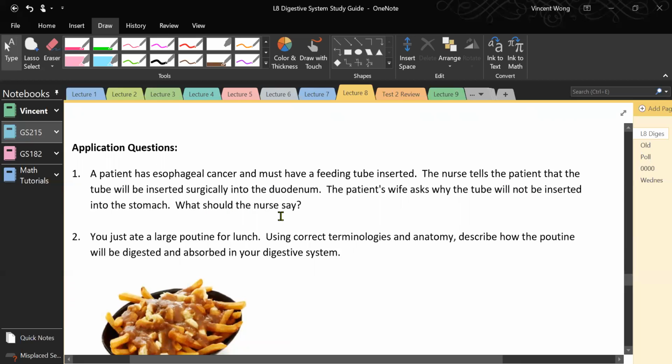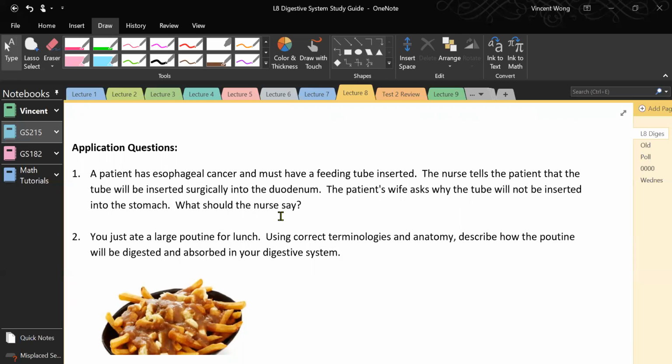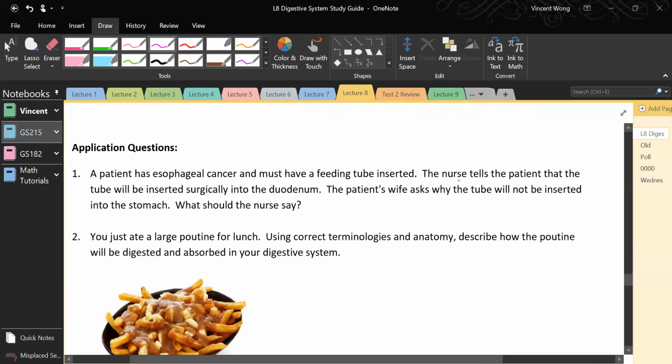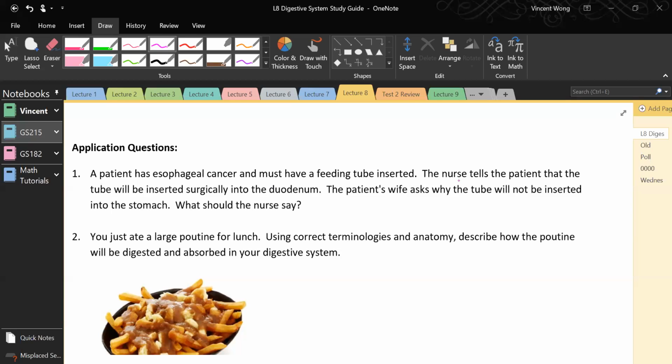Okay, so the food that you'll be administering into the feeding tube is going to be in liquid form, right? You're not going to be injecting solids through a feeding tube. It's going to be basically a mixture of all the nutrients that a person would need.